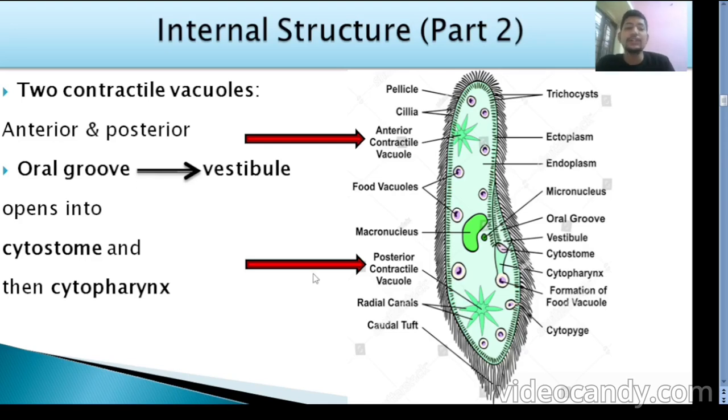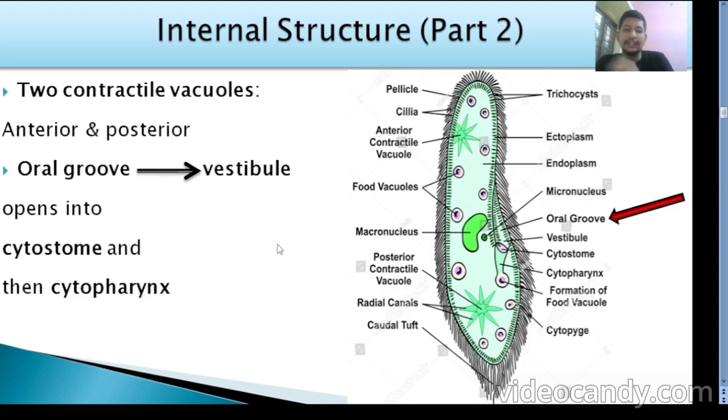Then, if you look at the digestive canal, first it includes the oral groove, as you can see in the picture. It is the oral groove through which the food enters, and it is followed by the vestibule. It is a V-shaped space, and the vestibule opens into the cytosome.